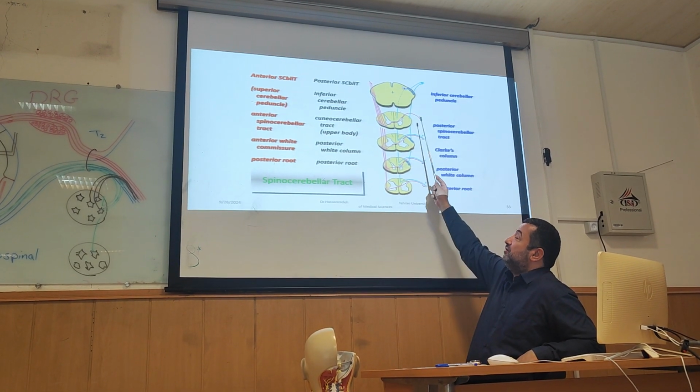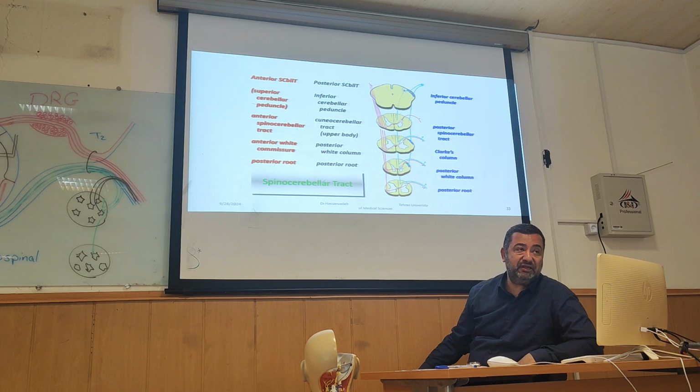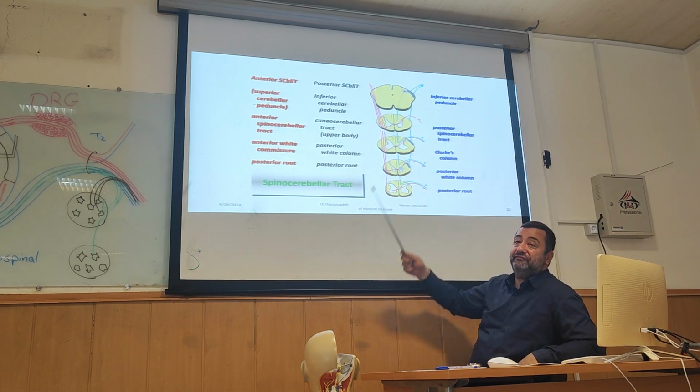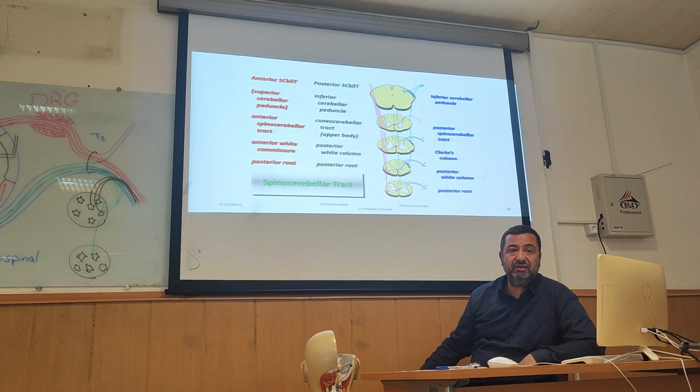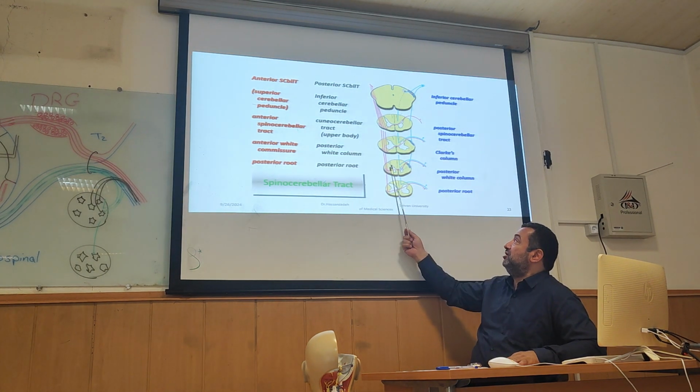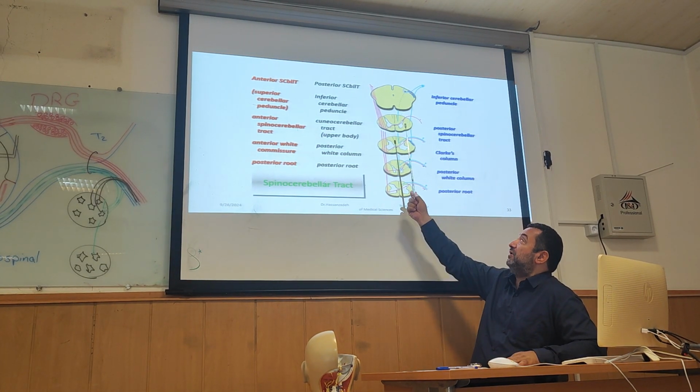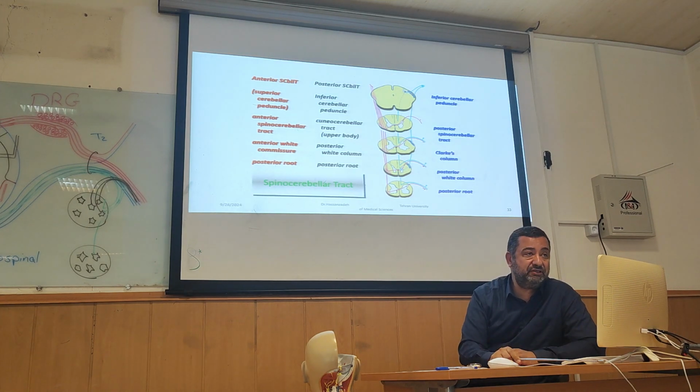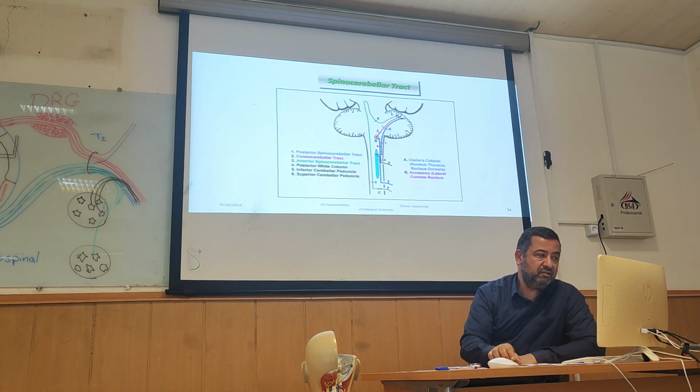Without any crossing, it ascends and goes to the inferior cerebellar peduncle. There isn't any crossing. And the anterior spinocerebellar tract has two crossings: one crossing in the spinal cord and one crossing in the cerebellum.